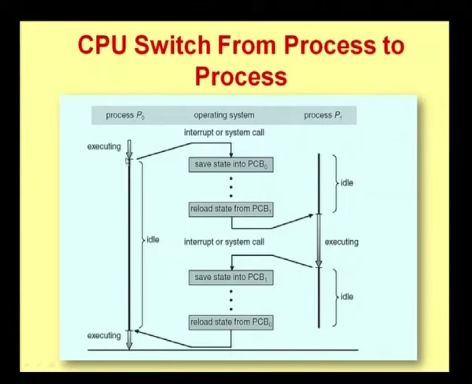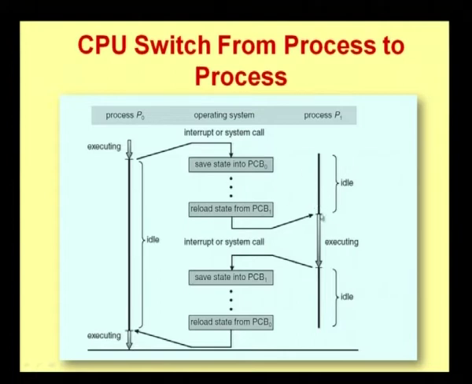When we start executing the process P0, we are supposed to save it in the PCB. PCB is the process control block. So we are saving the state in the process control block, and that numbering is 0. It has been saved and it is in execution. Till one particular period, this process P1 is in an idle state.